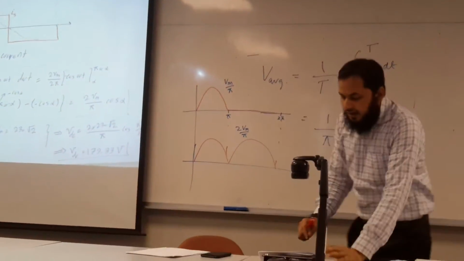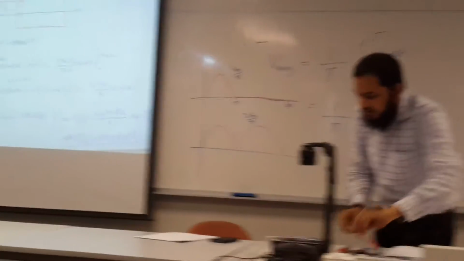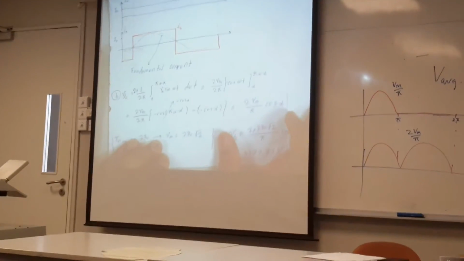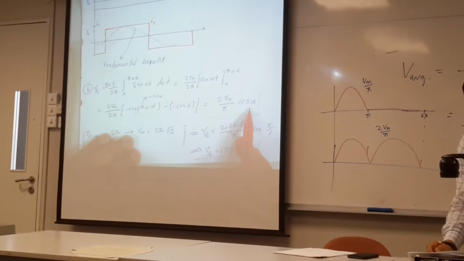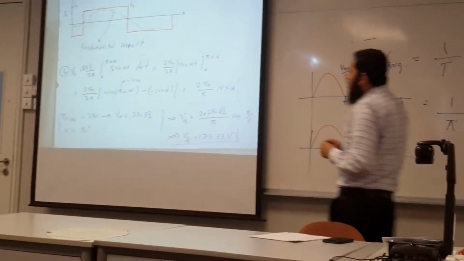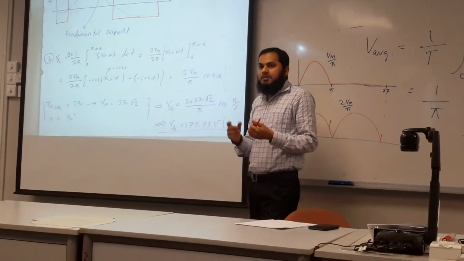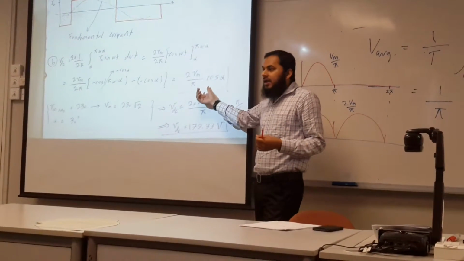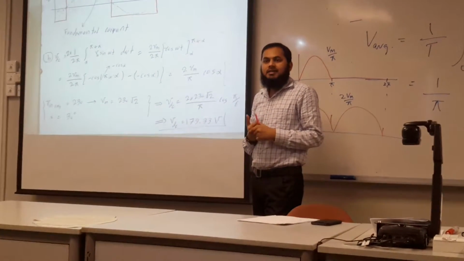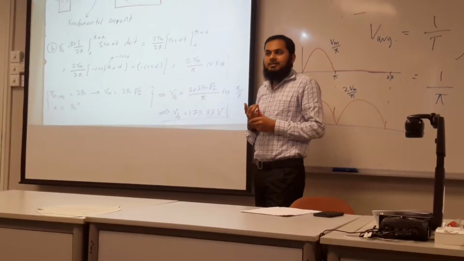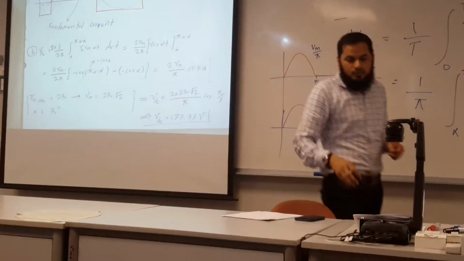So if you got this answer, 2Vm by pi cos alpha, and you are confused in your class or examination whether this answer is correct or wrong, how to verify? With the waveform.